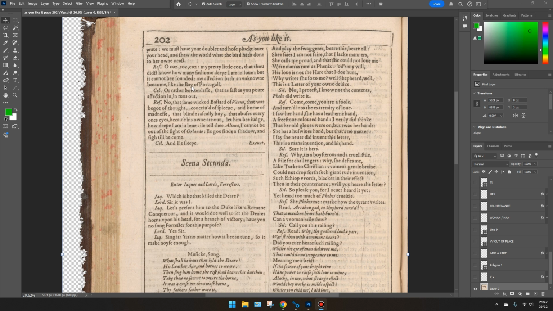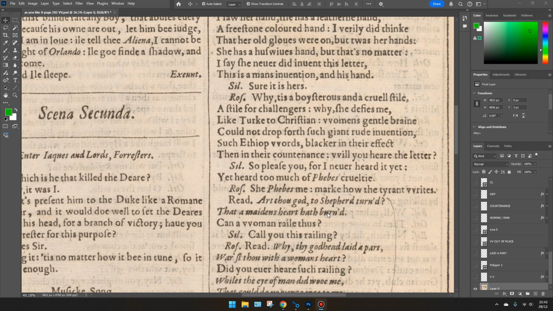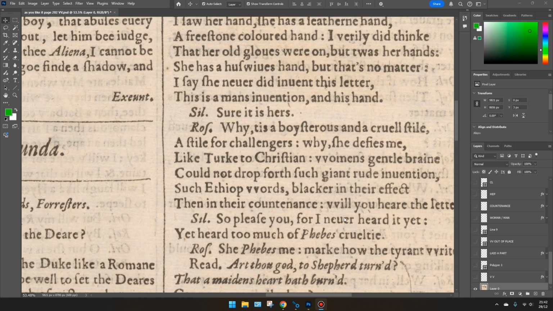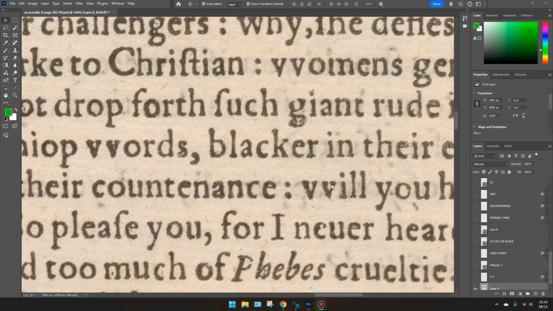So what I did was look at the page numbers that had two letter 2s in them, and on this one, page 202, there is an example of a VV as a letter W, and there's an example just there.